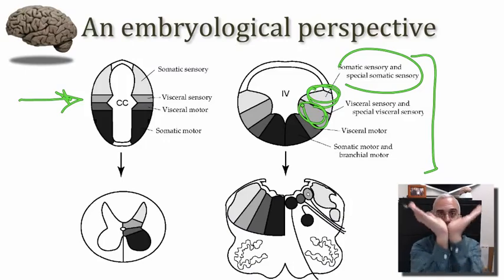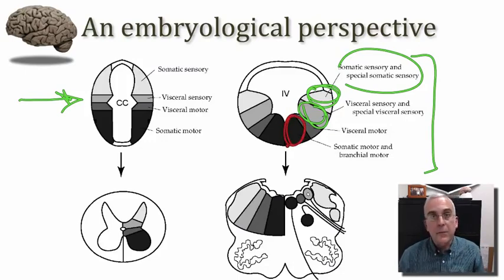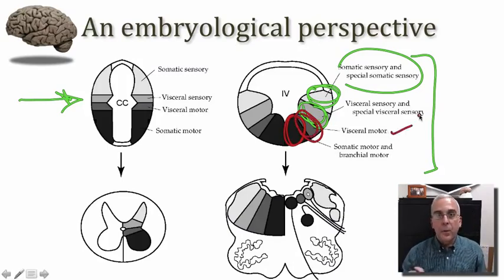So these sensory elements are lateral. Now more medial, we find the motor elements right along the midline of the tegmentum, underneath the ventricle. We would find our somatic motor cells, and just between the somatic motor and the sensory cells, we'll find our visceromotor cells.